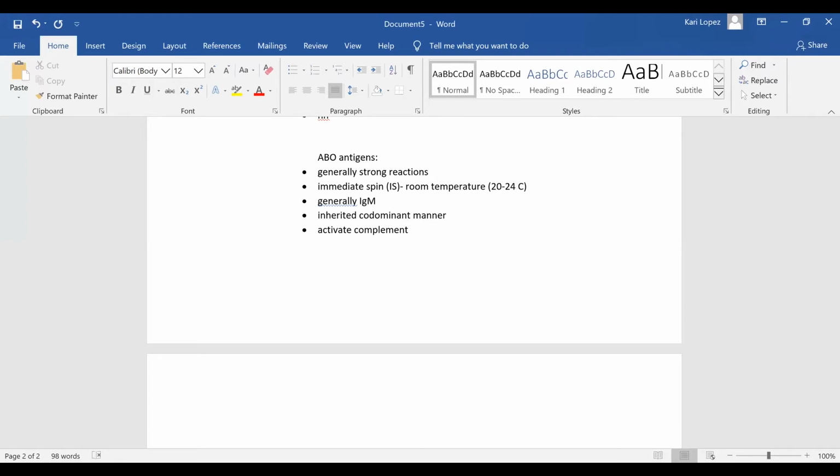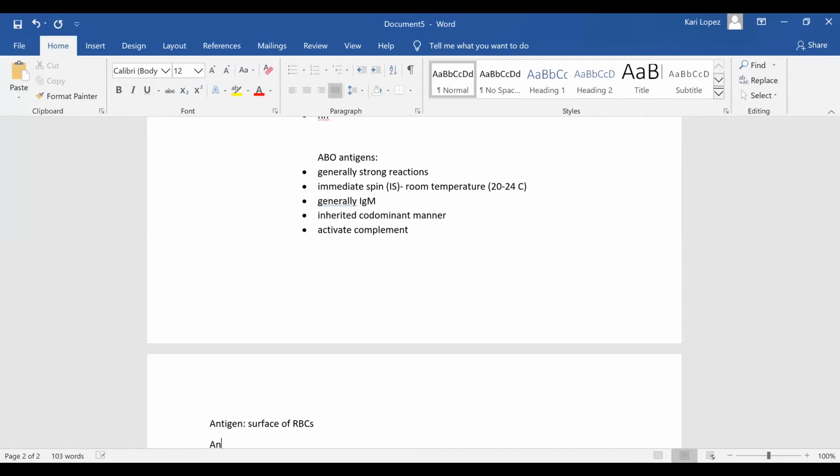So I'm going to start with antigen. Antigen is going to be found on the surface of red blood cells. So that can either come from reagent red blood cells or from a patient or donor red blood cell.